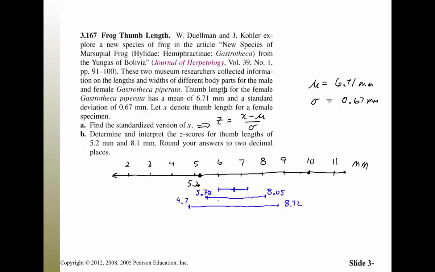It's outside of the 95% range, right? So it's particularly small. And then 8.1 is also not in the 95%. So this is a particularly large thumb frog.